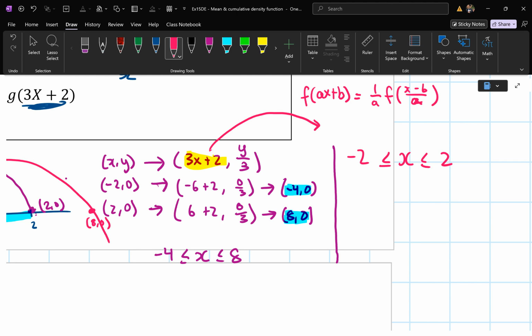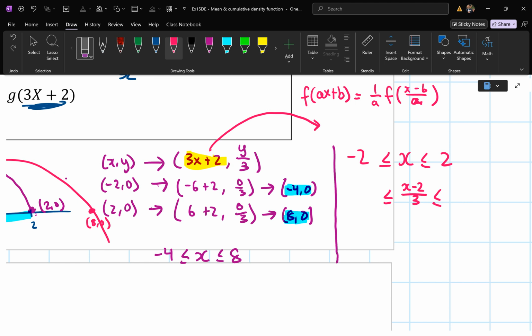With that concept, what's my new transformation instead of x? It will now be x minus 2 over 3. You can rearrange that if you like. I'll just follow the rule I've just given you.